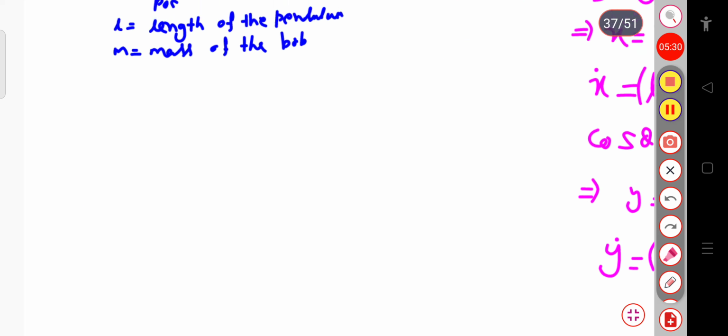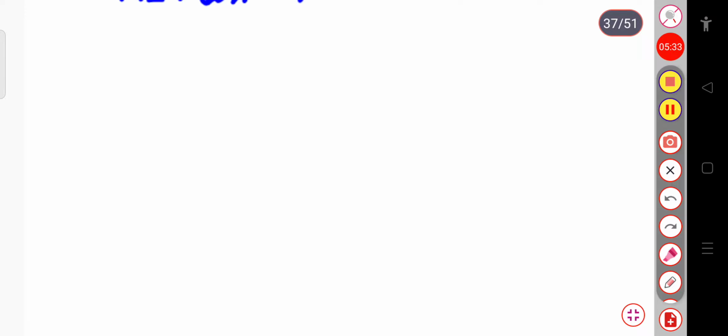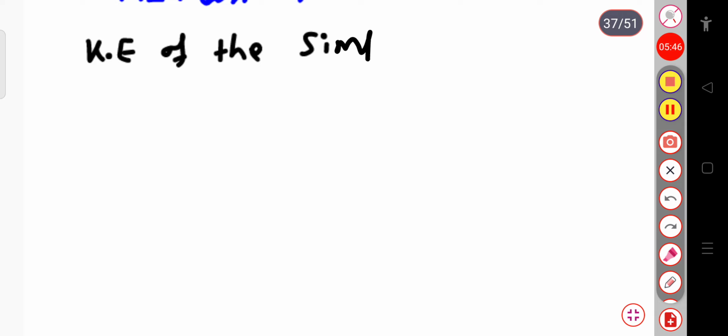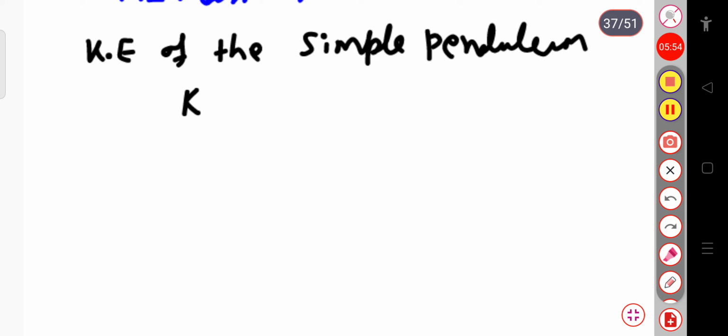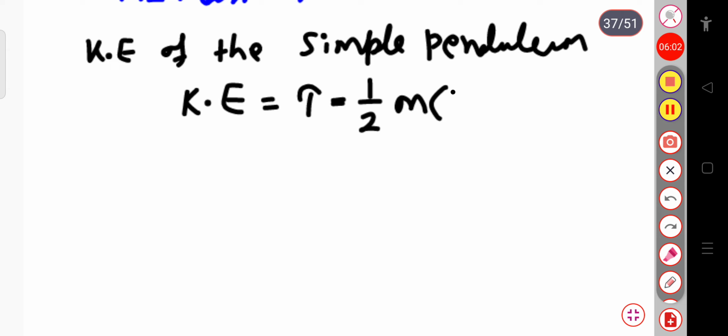The kinetic energy, suppose T, is equal to half m (x dot square plus y dot square), because here we are considering two-dimensional motion.